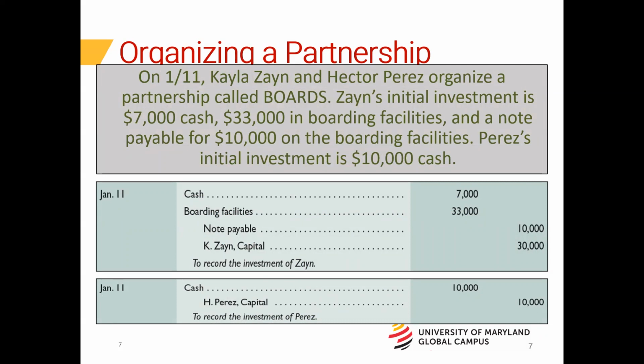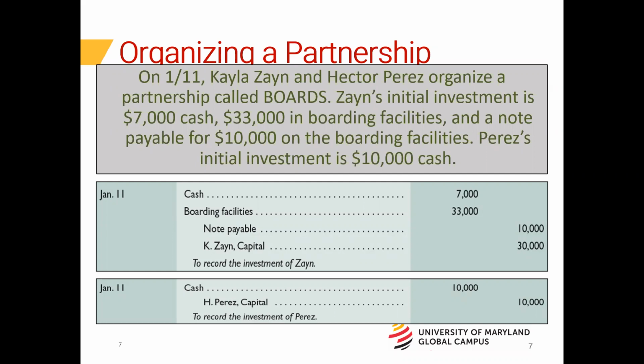So when we're setting up a partnership and a partner is coming into the business, we record a general journal entry to record the investment of that owner. So the owner's bringing $7,000 in cash, so debit cash to increase cash. The owner, I assume this is like a building. You debit the building account, boarding facilities, $33,000.